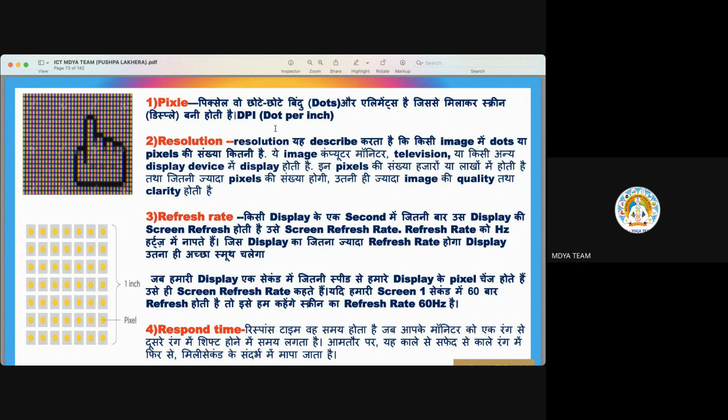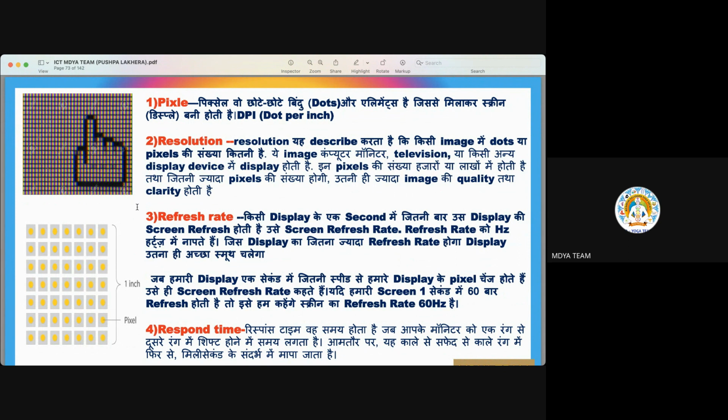How many dots per inch are there? Like this, if it is 1 inch and the number of pixels here is 7 into 7, 49, that is 49 dots per inch. They are measured in dots per inch, the pixel size.